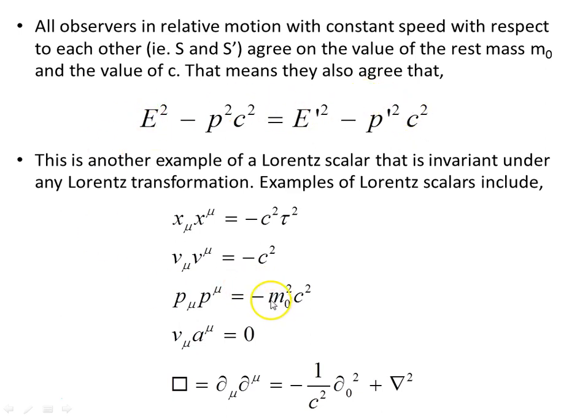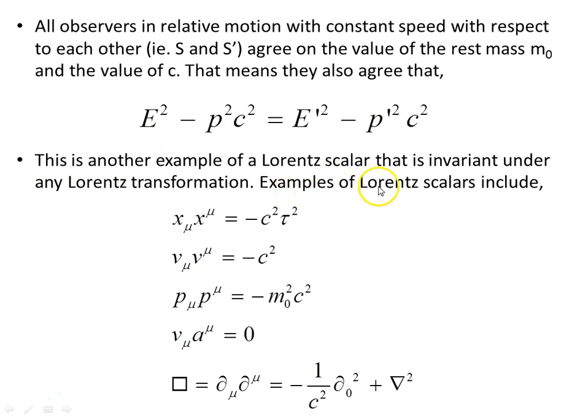Simply because, as we saw earlier, minus m0 squared c squared has no presence of gamma, and all observers agree on the speed of light, 3 times 10 to the 8 meters per second, and on the rest mass of the object. So this scalar is the same for both observers. This is another example of a Lorentz scalar that is invariant under any Lorentz transformation.